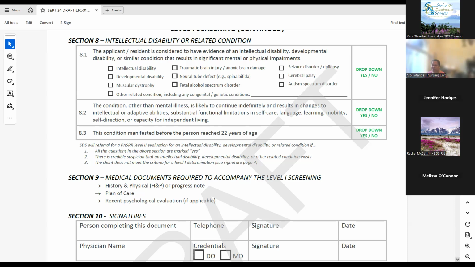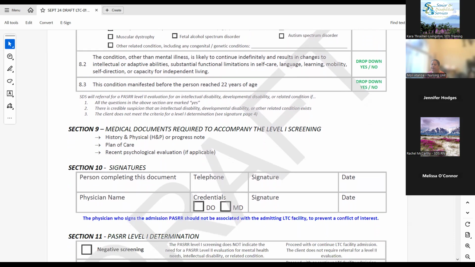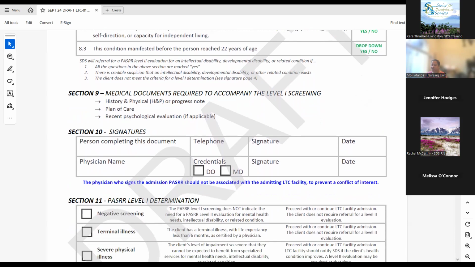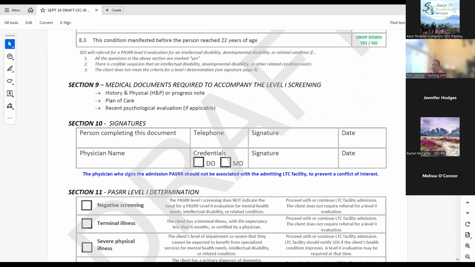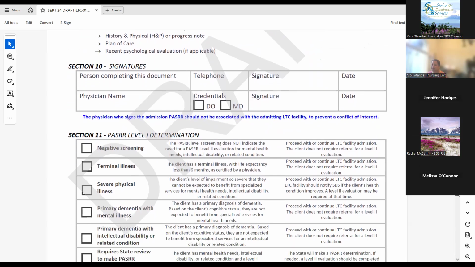Section 9, medical documents required to accompany the level 1 screening should a level 2 be required. And then we get into our signature section. And then our Section 11 is our final PASRR level 1 determination.